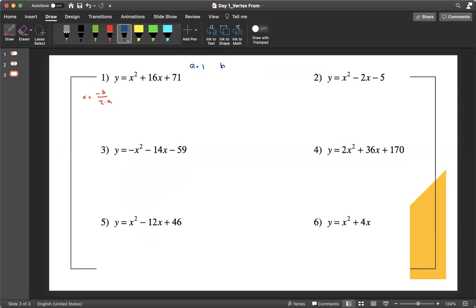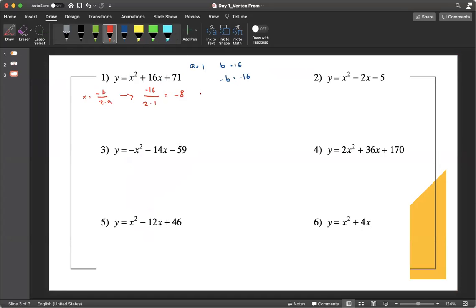And my b is going to be a 16. So that means my negative b is a negative 16. So if I go back to my formula, this becomes a negative 16 on the top divided by 2 times our a value of 1. Half of negative 16 is a negative 8.